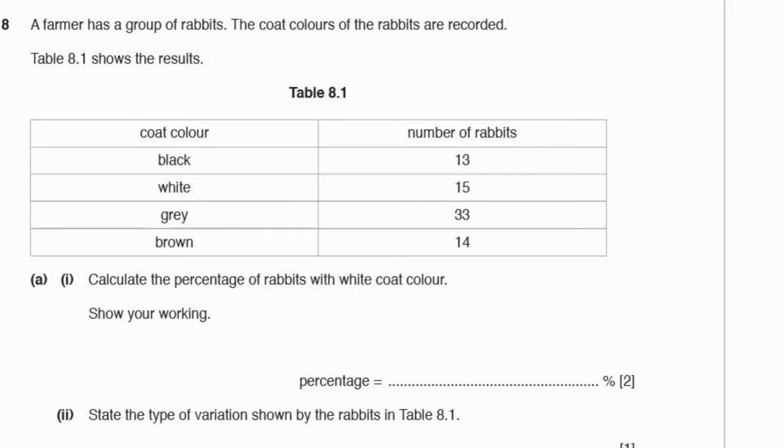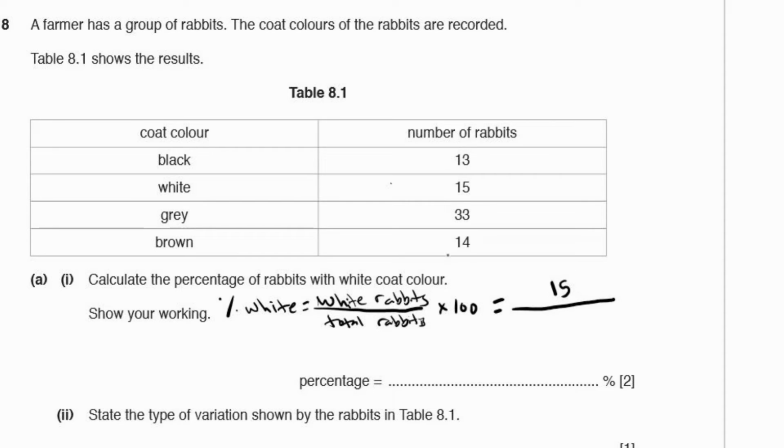So the percentage of white rabbits is the number of white rabbits over the total number of rabbits times 100. Okay, so if we look at the numbers for that, that equals 15 rabbits divided by 13 plus 15 plus 33 plus 14, times 100.